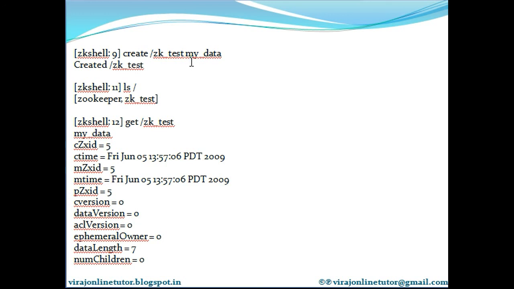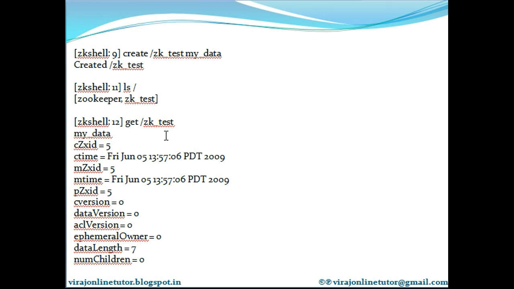What is the length of my data? 1, 2, 3, 4, 5, 6, 7. So data length is 7. That's a confirmatory test that the data which we had requested to associate to zk_test has actually been associated. So the get command gives you the data associated with a particular node.